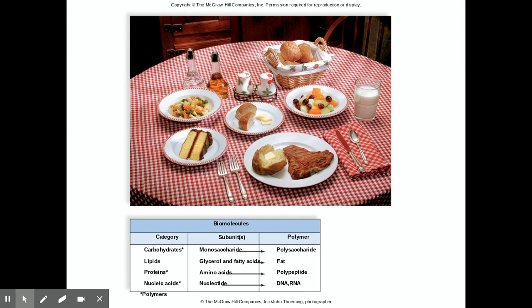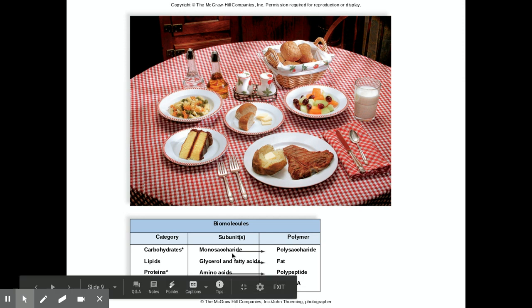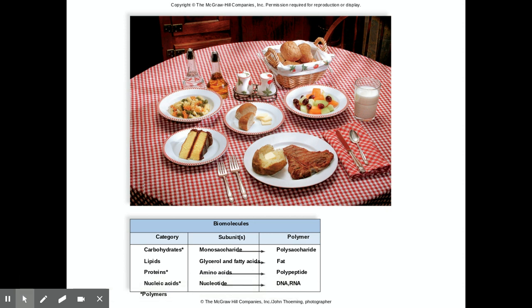So in a carbohydrate, the monomer is a monosaccharide, meaning one. And if you put a bunch of monosaccharides together, eventually you could get a very large molecule called a polysaccharide. There is one in between, the disaccharide, which is when you put two together. Okay, look at the lipids. Their monomer is glycerol and fatty acids. You put a bunch of those together, you get the entire polymer, which is a fat.